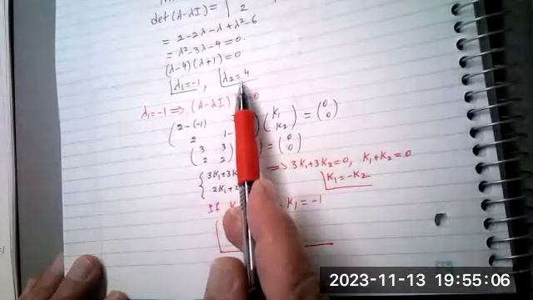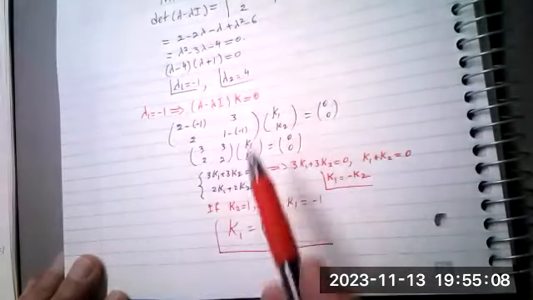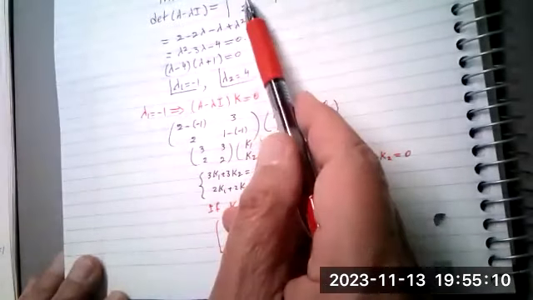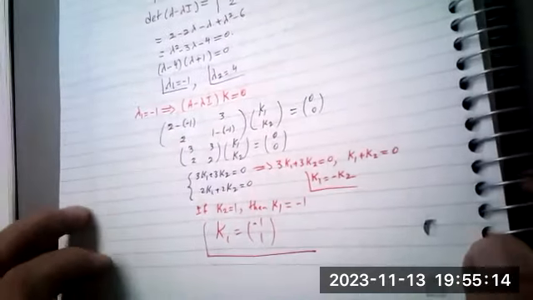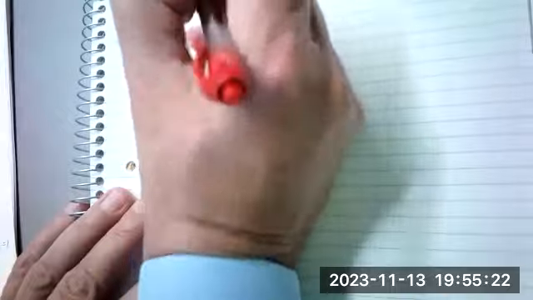For lambda equal to 4, just repeat the procedure. You put the 4 here and simplify it to get the result. Are you ready? Lambda 2 equal to 4. Same thing.